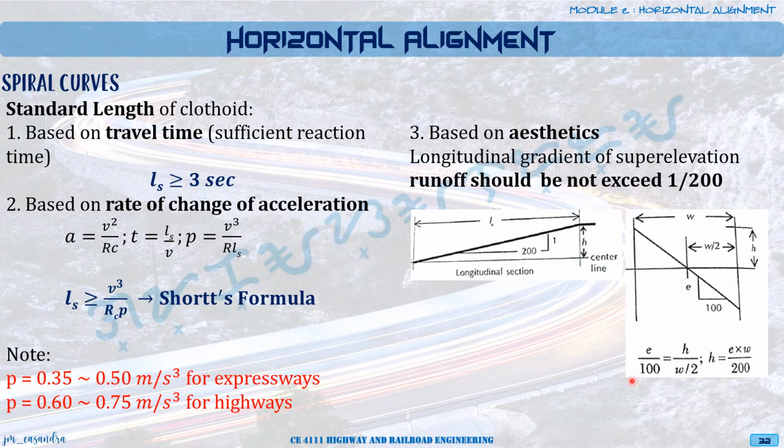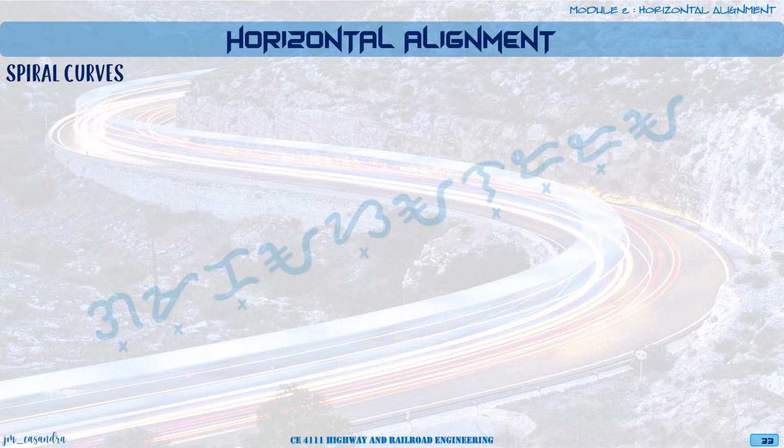Simplifying, Ls should be greater than or equal to the superelevation in percent times the width of the roadway.